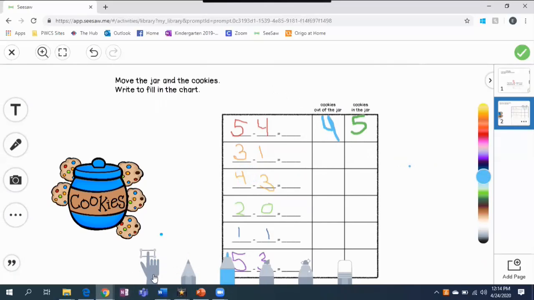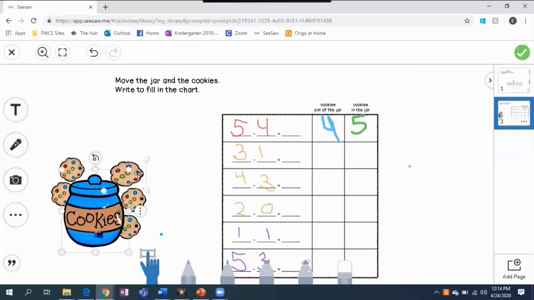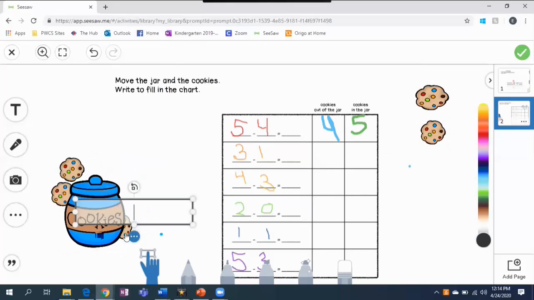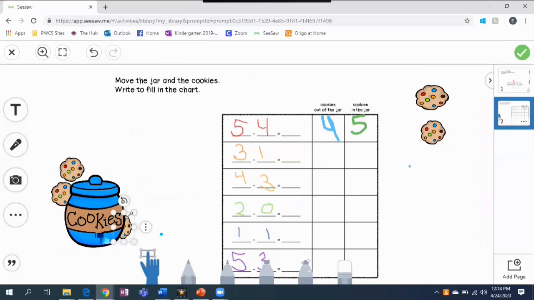I'm going to click my move tool because I'm going to act it out. So I'm going to pick up 4 cookies and take them out. Oh, not my jar. Got my cookie. 1, 2, 3, 4.